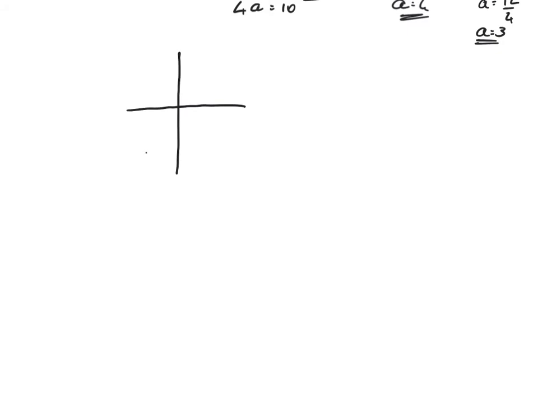Right, this time we've got another inverted parabola. It goes through the point (-3, -7). And the parabola is of the form y equals ax squared plus 2. And I need to again find a.